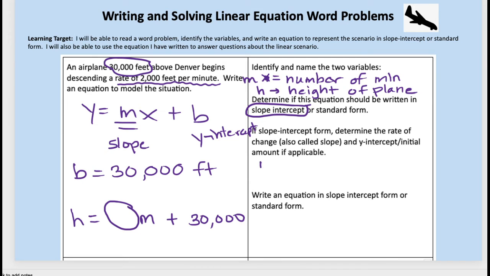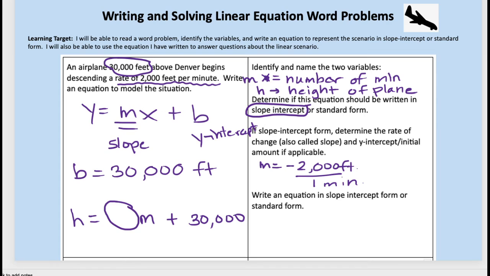So when I'm calculating my slope, I just realized I used m and m, sorry about that. It's going to be decreasing, it tells us right here, 2,000 feet per minute. So I'm going to write that as negative 2,000 feet for every 1 minute of time.